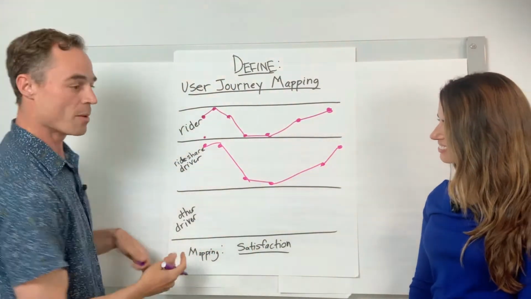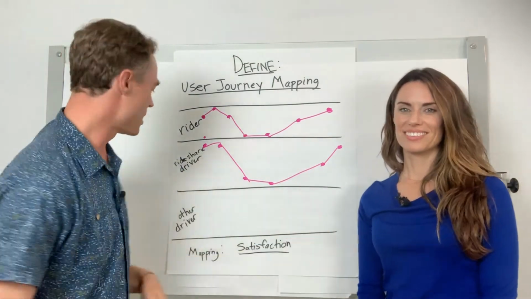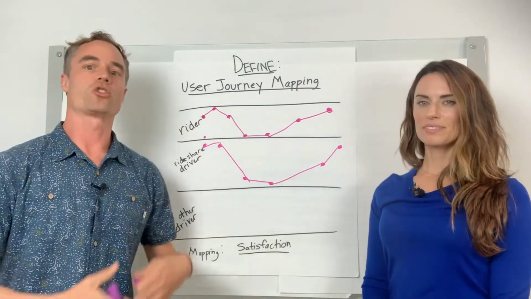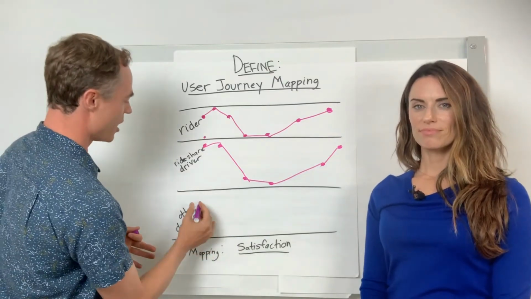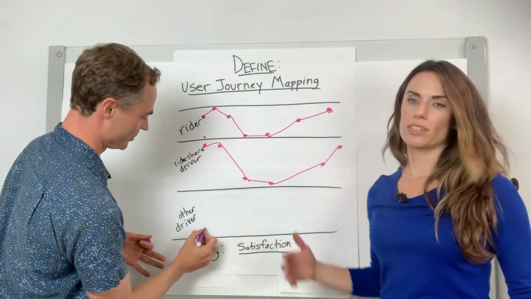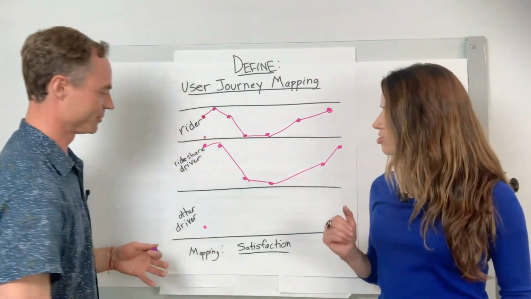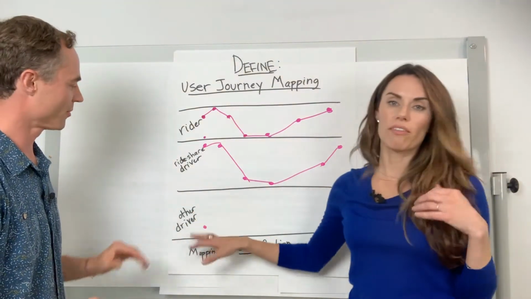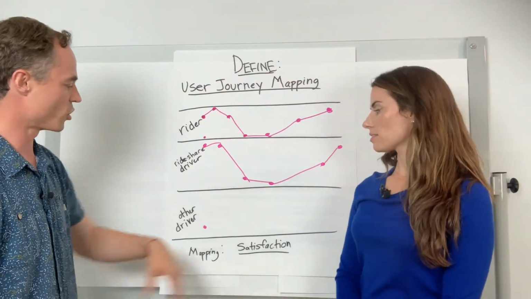Other drivers, maybe we want to look at other people in the environment. So perhaps a driver has to drop off another passenger or is driving a bus, and they're approaching LAX. And this would just be like a regular layperson, right? They're not a rideshare driver. This is the problem that this new design was supposed to alleviate, is all the traffic, right? All the traffic. So these are other drivers, traffic on the road.